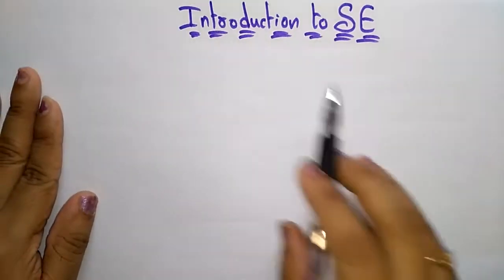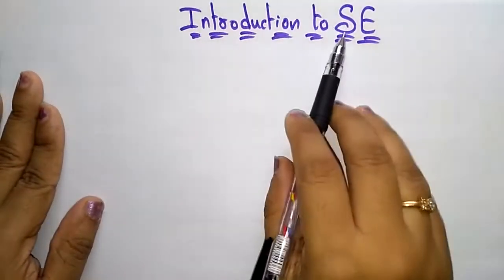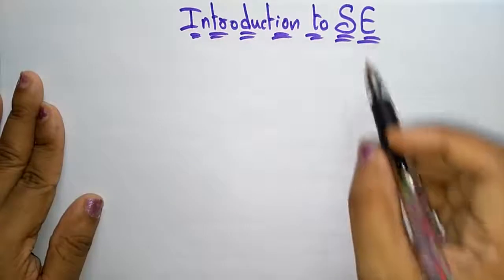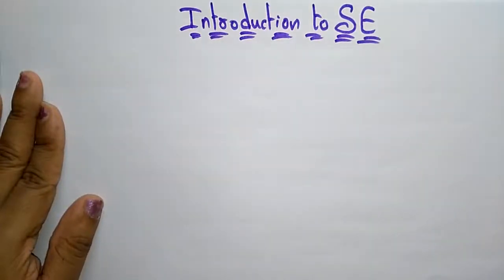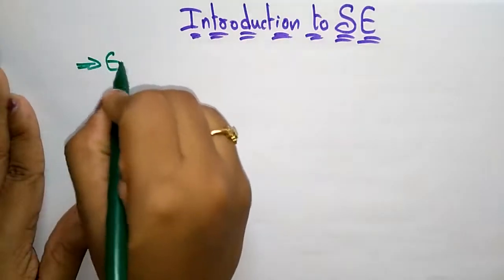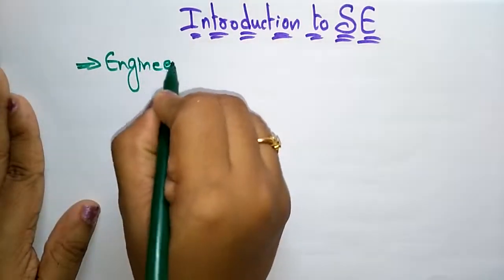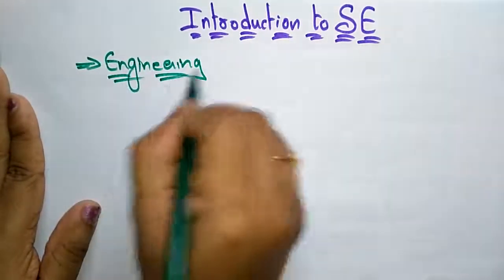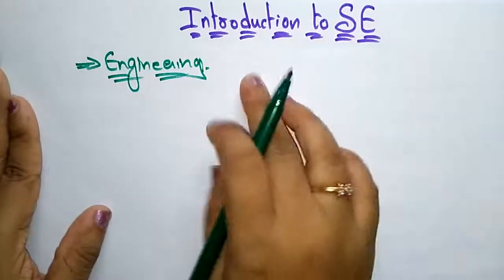Now let us see what software engineering is. Before that, let us see what engineering is. What is the definition of engineering? In the word software engineering, you came across engineering.